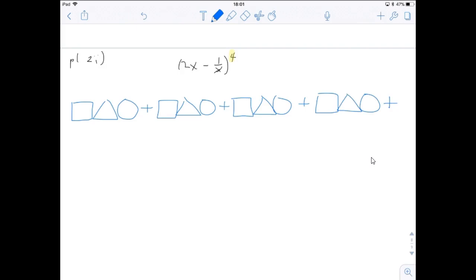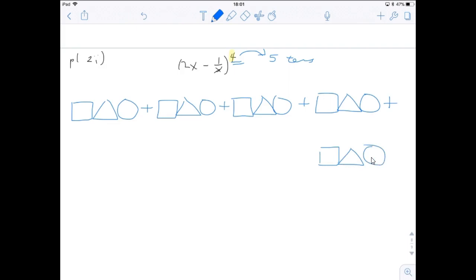How long do you need to go on? Well, it turns out that the number of terms in a binomial expansion is 1 more than the power. So it would be 4 plus 1, 5 terms. I have 4 and I need 1 more, so I'm going to put 1 more here.